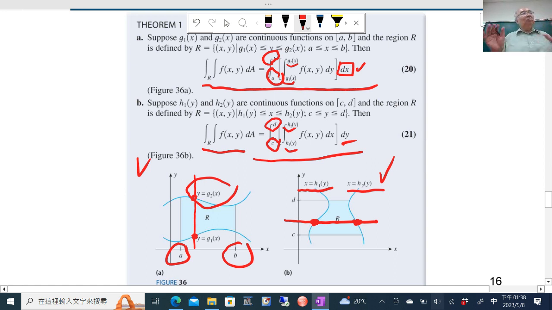These are the two major domain types, but sometimes the domain is more complicated than that. So we try to split the domain into several combinations of these two types, and deal with them one by one. That is how we end up evaluating the general situation of double integrals.